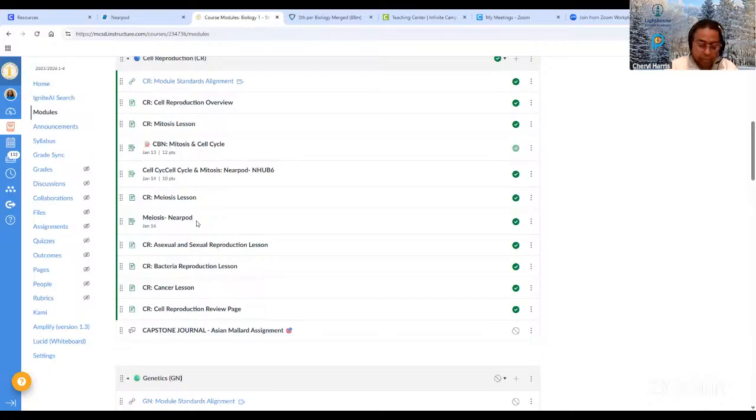Okay, so the meiosis Nearpod is now in the module as well.